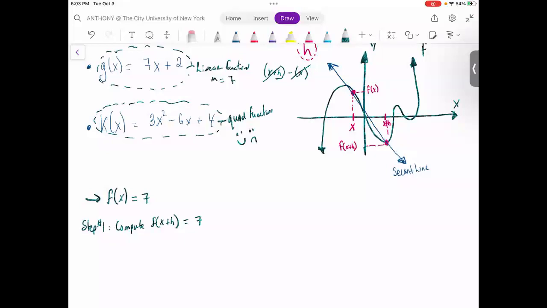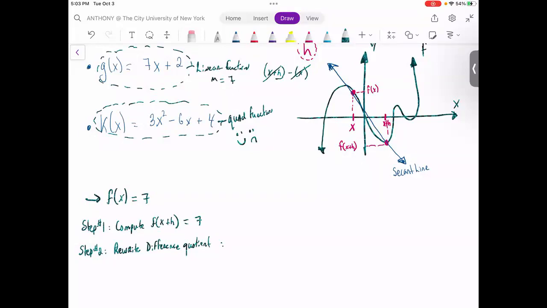It's a constant. So step 2 now is where you do the whole difference quotient. Rewrite the difference quotient. The difference quotient was given as f of x plus h minus f of x.